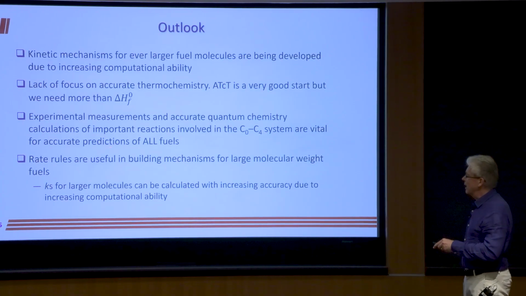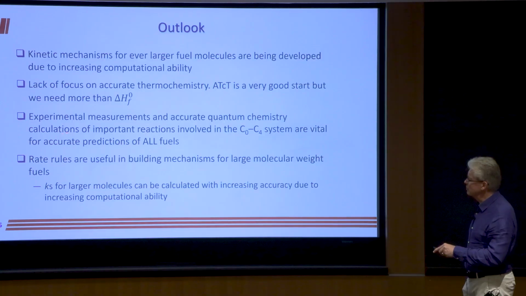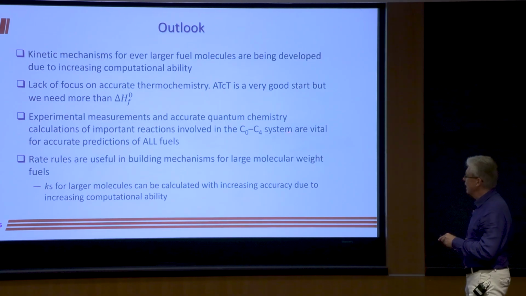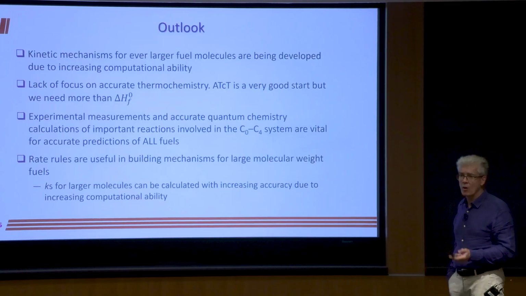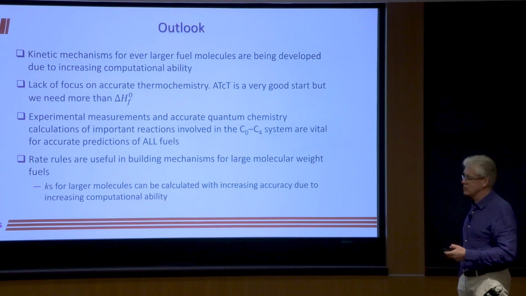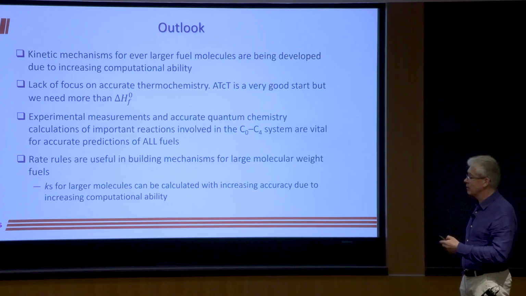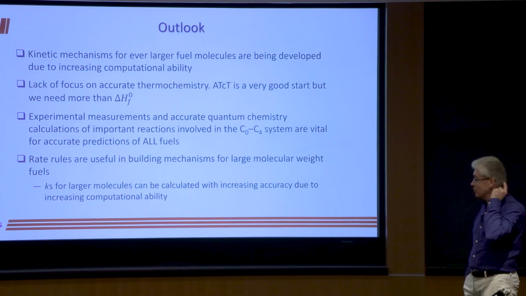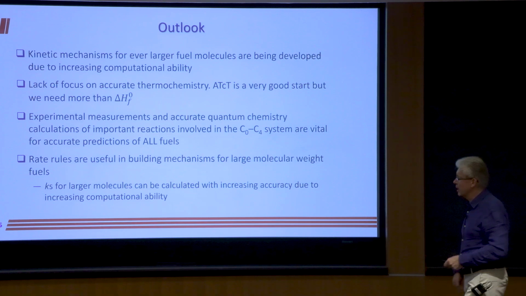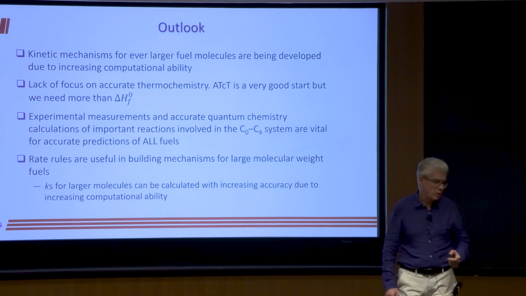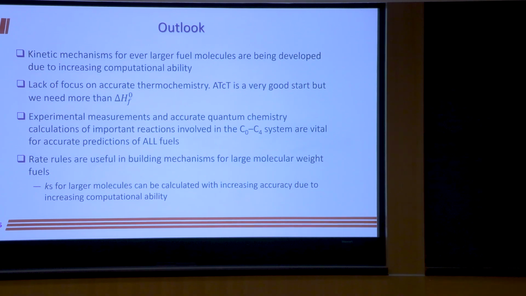Experimental measurements and accurate quantum chemistry calculations of important reactions involved in the C0 to C4 system are vital for accurate predictions of all fuels, not just larger ones, but all, and not just the fuels themselves, but the larger ones too. And rate rules are useful for building mechanisms for large molecular weight fuels. So that's finishing what I was hoping to get finished yesterday.